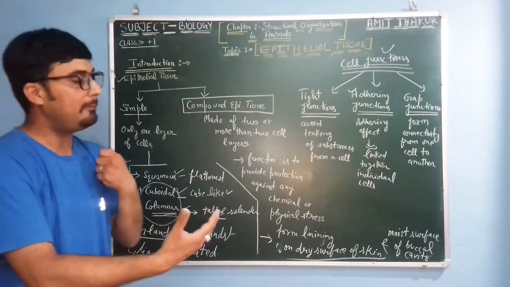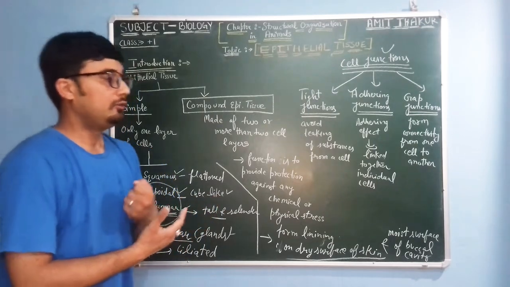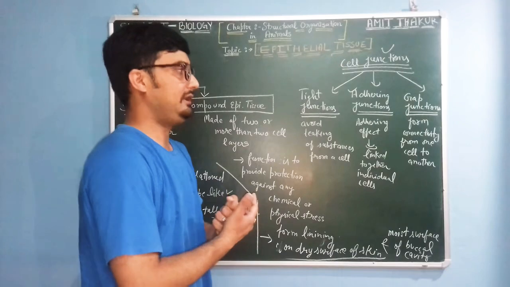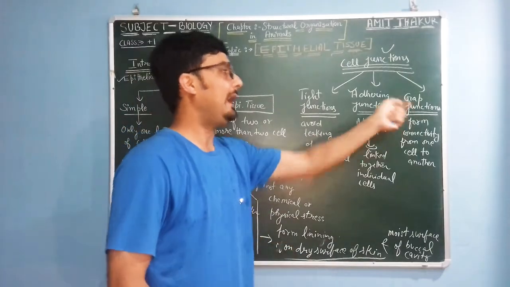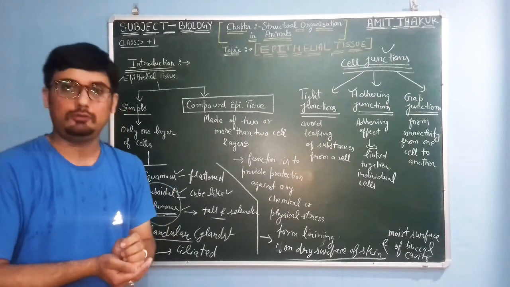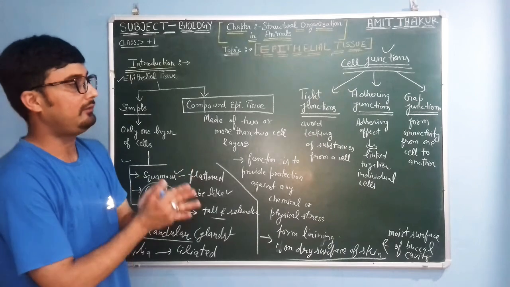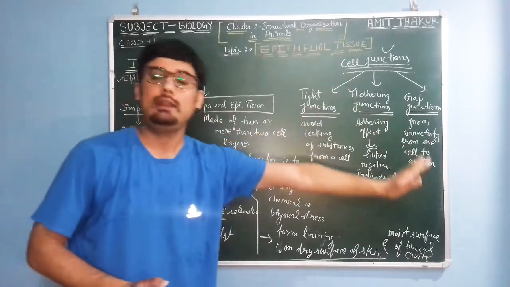So there must be a bridge type of structure. So that bridge type of structure is actually provided by these gap junctions, which function as a bridge between two individual cells in order to transport various substances from one cell to another cell.